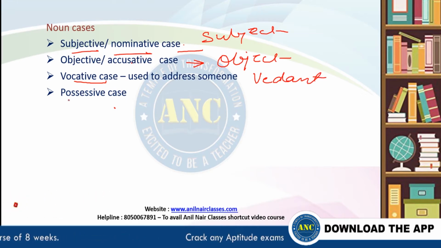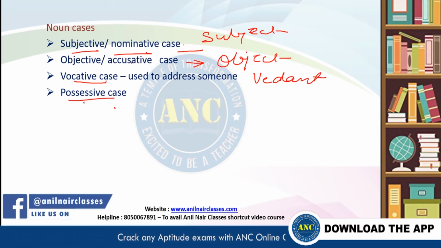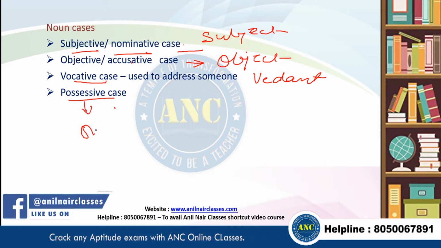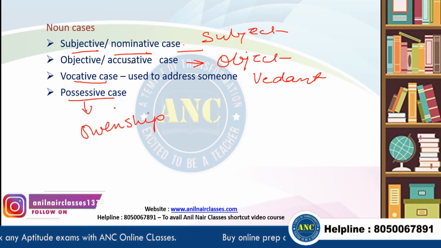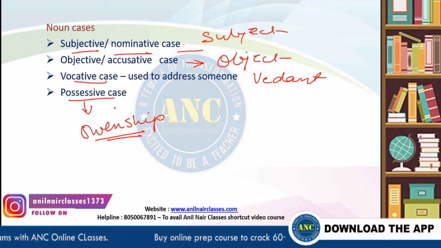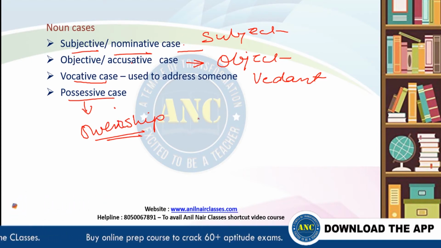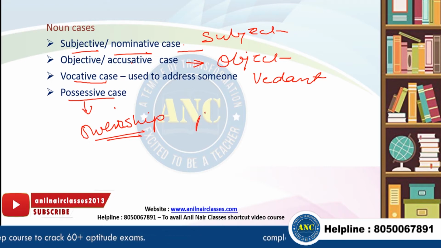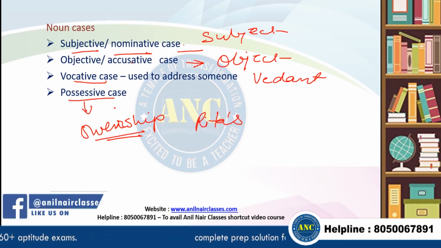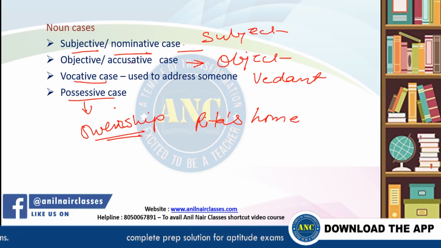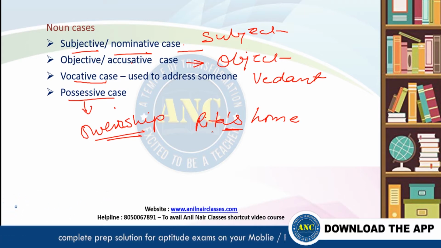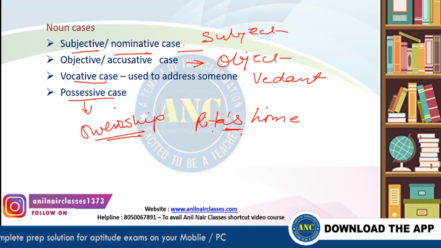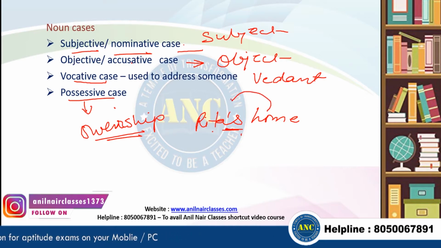Fine. The next one is the possessive case. The word possessive itself says it talks about ownership. So whenever a noun talks about the ownership of another noun, that noun is functioning in the possessive case. Suppose I say Rita's home. The apostrophe S we have put over here helps us understand that the home belongs to Rita.